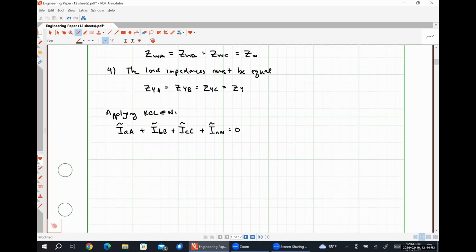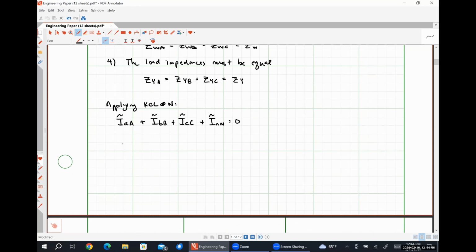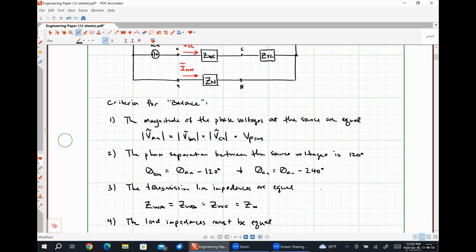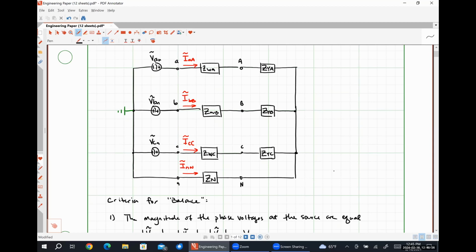So I could express IAA as voltage VAN, so that's where the current is starting from, flowing to the node VNN, divided by ZWA plus ZYA. So I want to be clear that we're all on the same page.